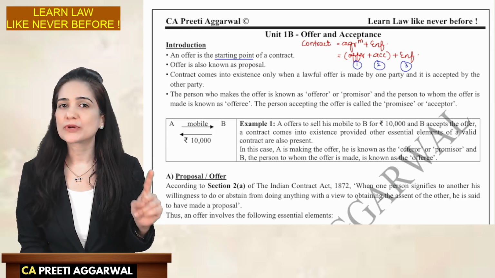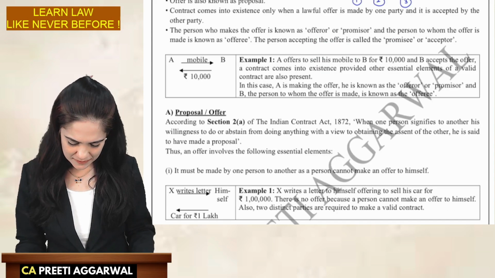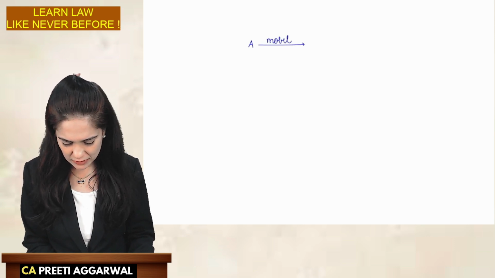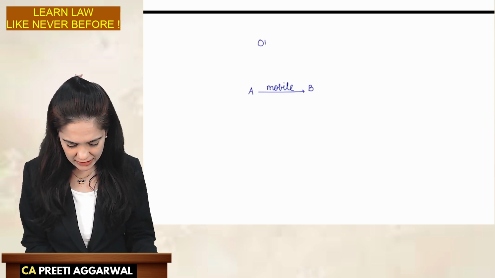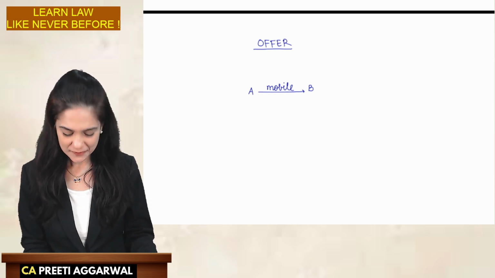Offer is also known as proposal. Now, let's say, for example, A offered to sell his mobile phone to B. In your notebook, you will give the heading as offer. Let me write first and then I will allow you to copy.